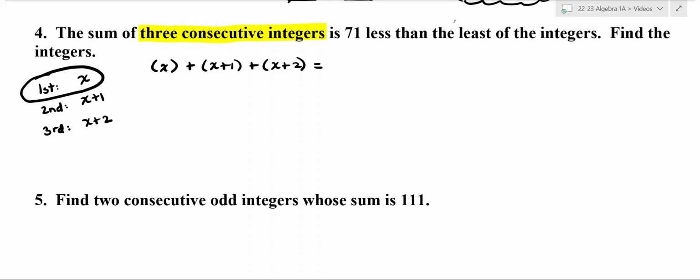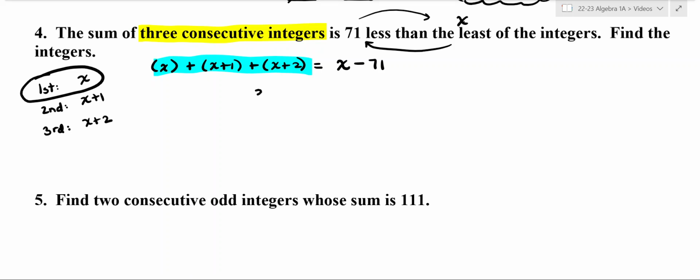So what is 71 less than x? Right, remember when it's less than, we have to swap them. We're going to write the x first and then the minus 71. All right, so I'm going to combine like terms on the left-hand side.